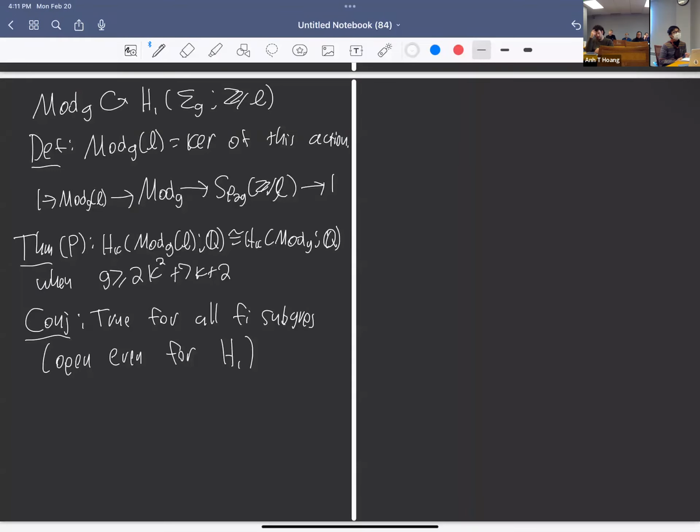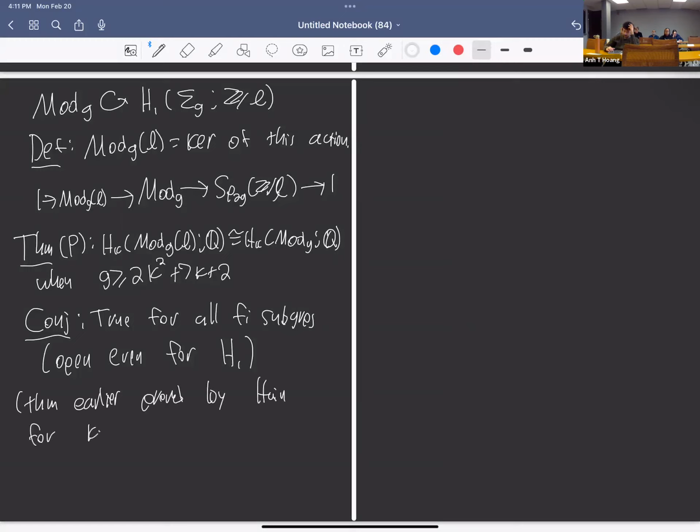Maybe those are true, maybe they're false, I don't know, but we only know that for H1. In fact, you can prove the theorem for H1 using those statements. That was actually done by Dick Hain many years ago. I should have said that. The theorem was done earlier by Hain, Looijenga, and me about a decade ago for k equal to 2.